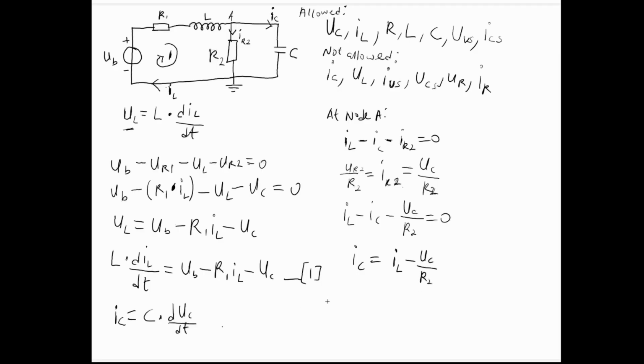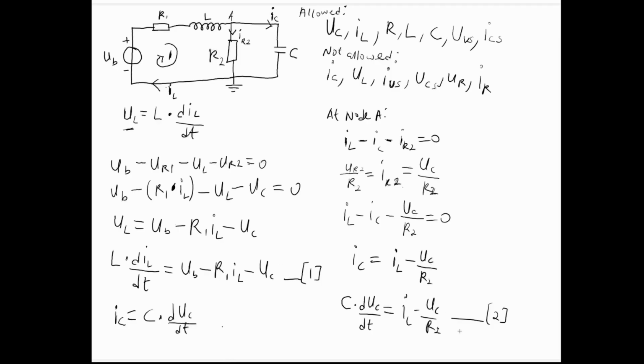Now we can substitute the right-hand side of the differential equation for the capacitor. And that becomes C dot duC divided by dt is equal to IL minus UC over RO2. This is our final differential equation.